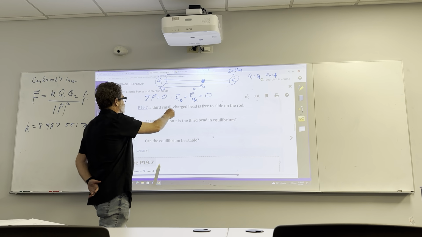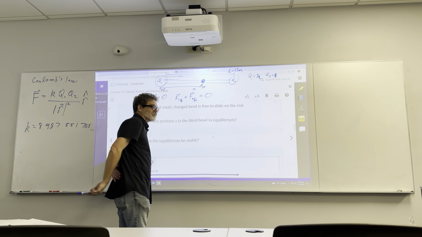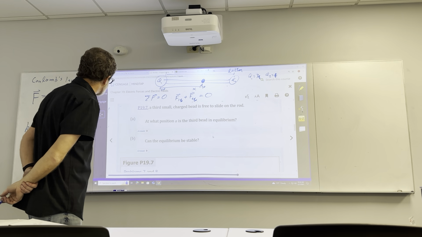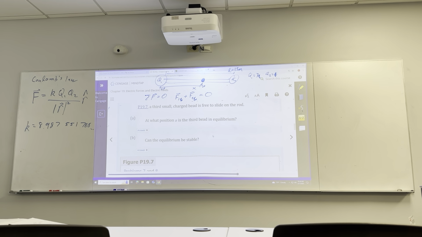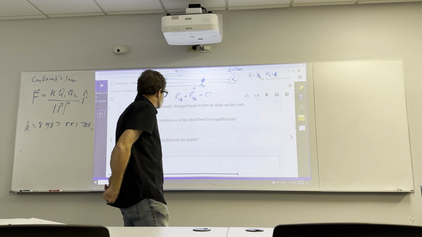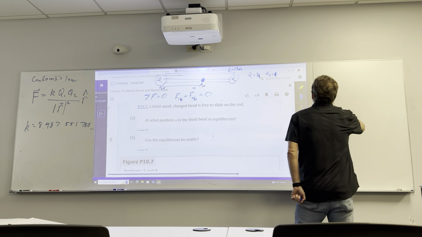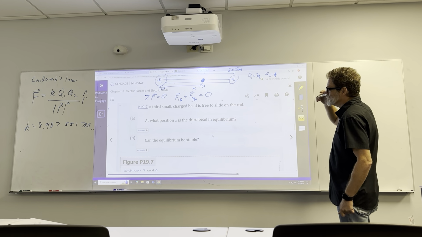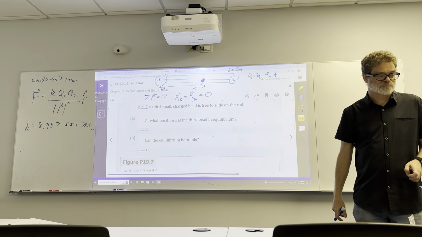Let's see if we can get the formula before we solve for X. Let's see if we can figure out what the formula looks like. I'll give you a couple more minutes to do the formula.